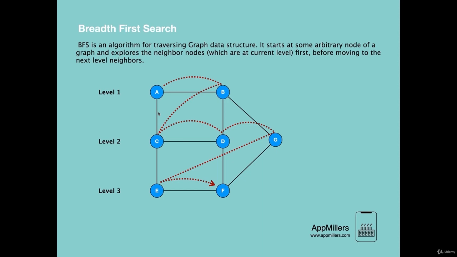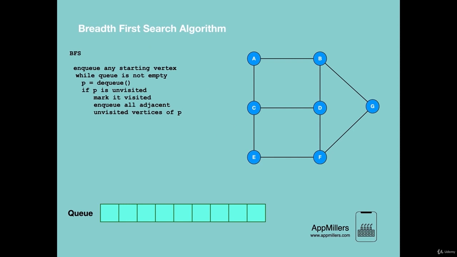Now here I've just shown you how the logic behind BFS works. So hopefully you have understood the logic behind BFS. Now based on this logic, let's see what the algorithm of the breadth first search method looks like. We implement BFS for a graph in Python using a queue data structure.